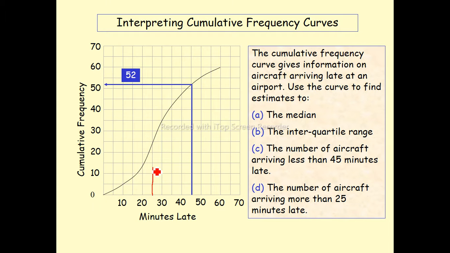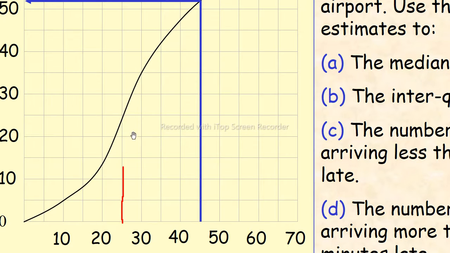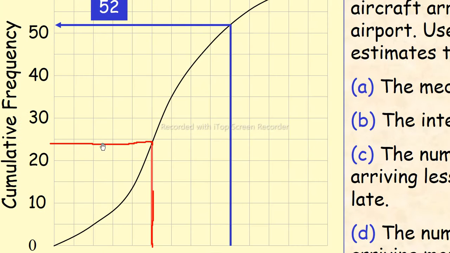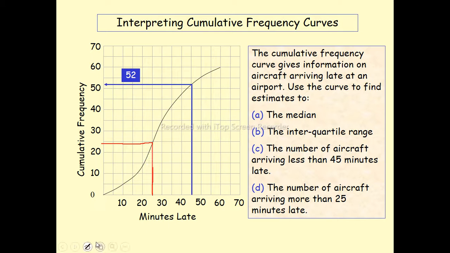Yeah, I guess we could go 24. Maybe 23.5, closer to 23 than 24. But let's see how close it is. Let's go 24. It looks like something like the interquartile range, right?